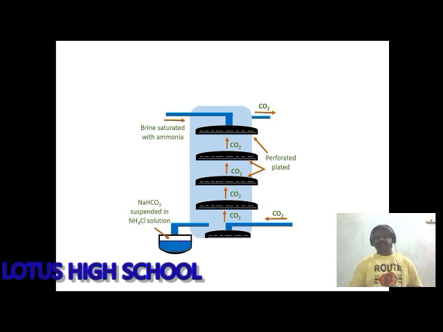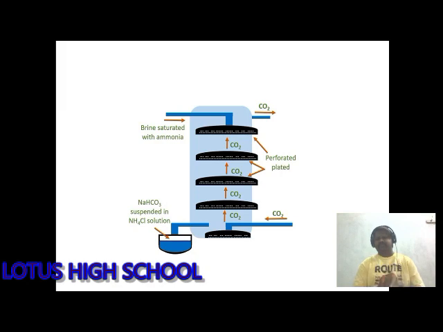So for making baking soda, there is one plant, and the name of that plant is the baking soda plant, and it is prepared by Solvay's process. Solvay is the scientist's name. He discovered that production, so the process is named after the scientist.